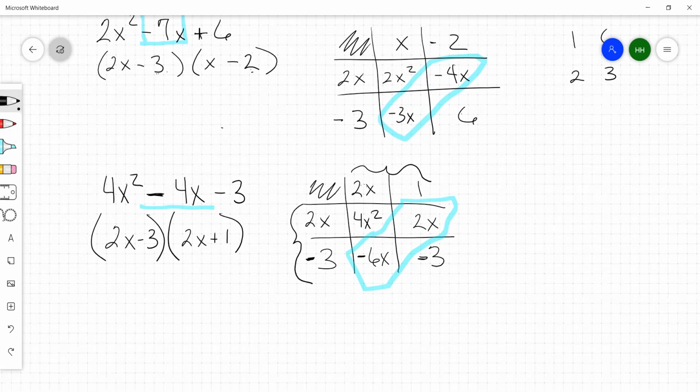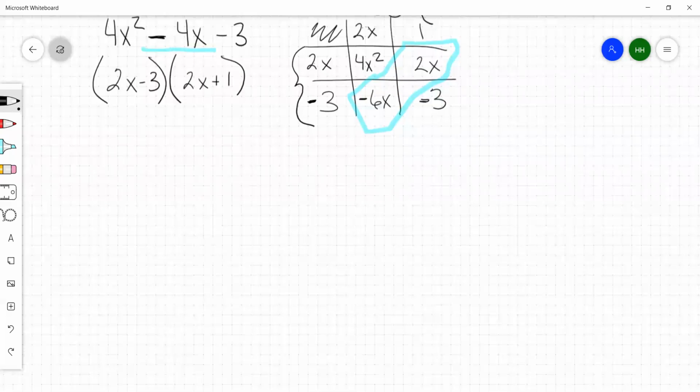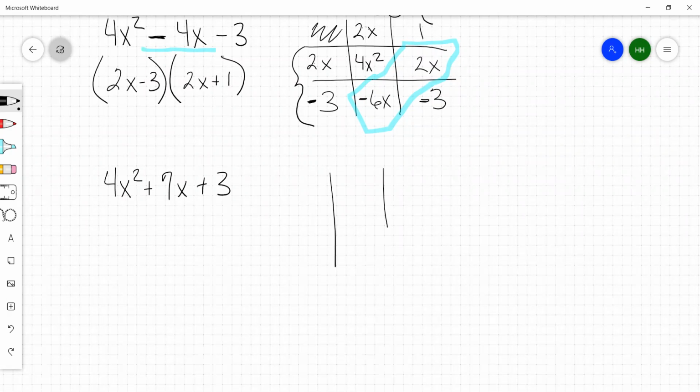All right, let's look at one more, and then I'm going to give you some practice to do. Let's do 4x squared plus 7x plus 3. Everything's got to be positive.